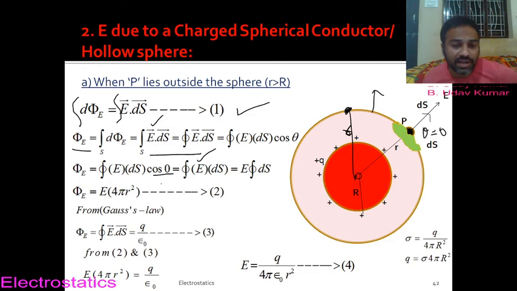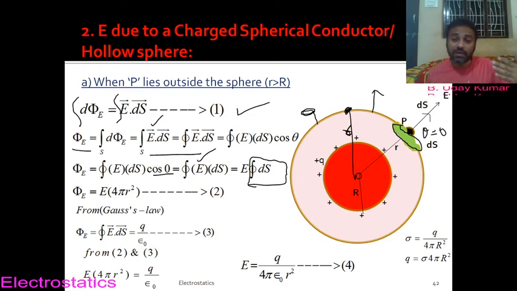Since E is constant, you can take it out. So you get E integral ds, whereas integral ds is the total surface area of the Gaussian sphere. Please check it out. Integral ds is the total surface area of this Gaussian sphere, because ds is part of the outer sphere, and the radius of the outer sphere is small r, and hence integral ds becomes the total surface area of the outer sphere, which is 4 pi small r square.